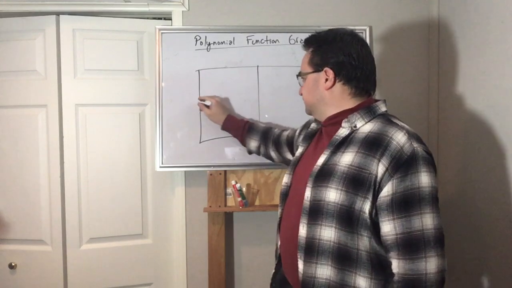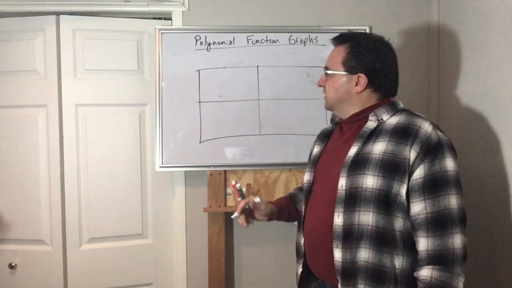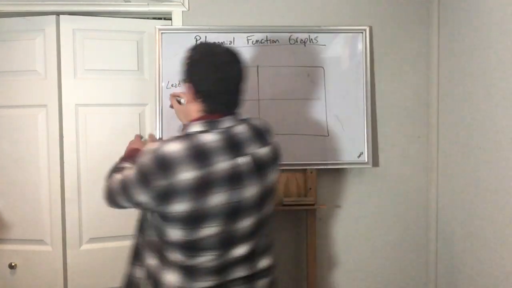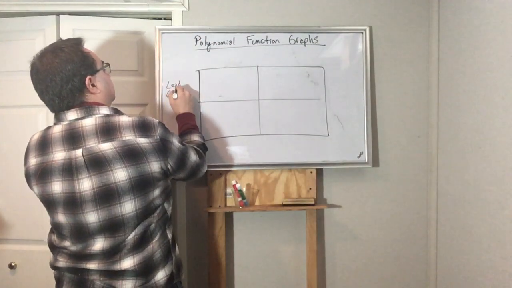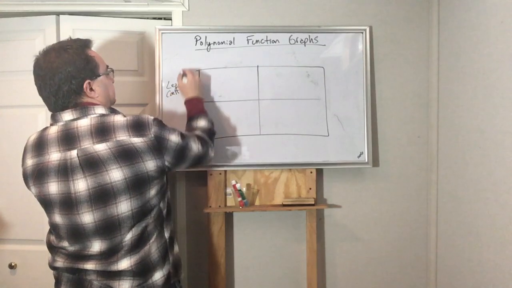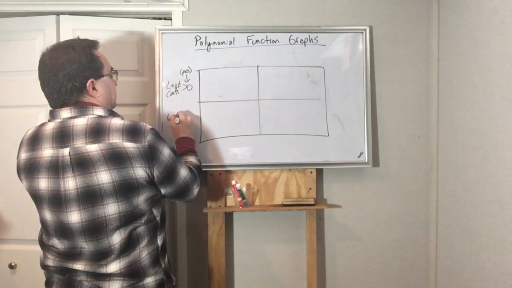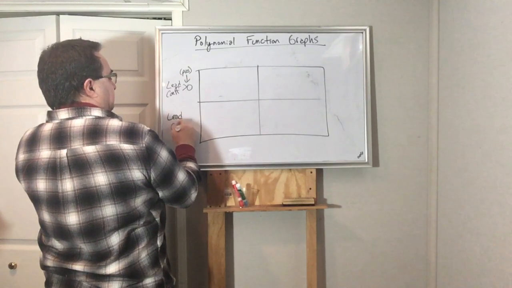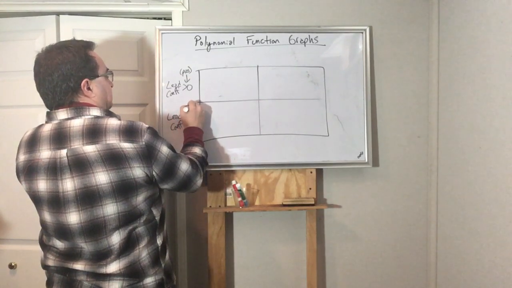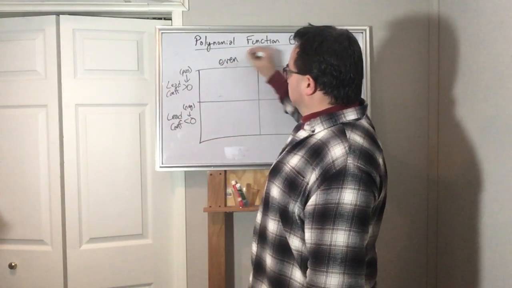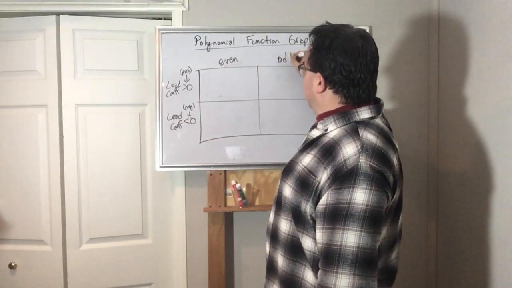So we want to make this 2x2 matrix. So this, I'm going to put leading coefficient is greater than 0, which means positive, and leading coefficient is less than 0, which means negative. And this is even degree, and this is odd degree.